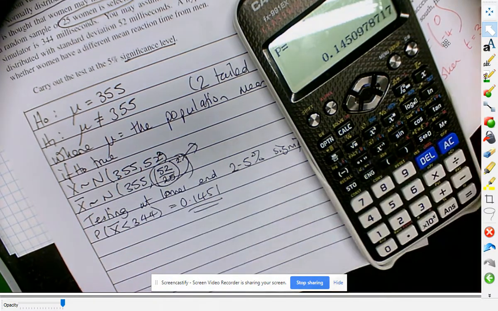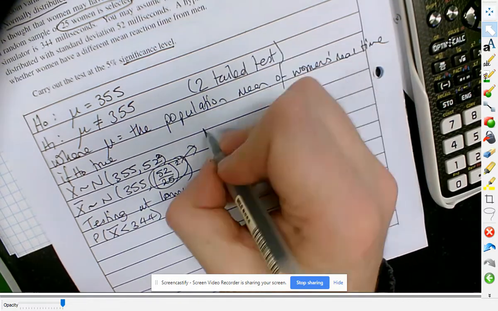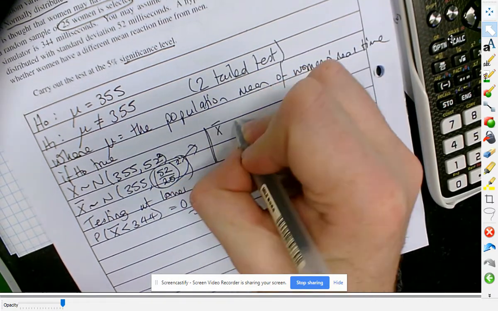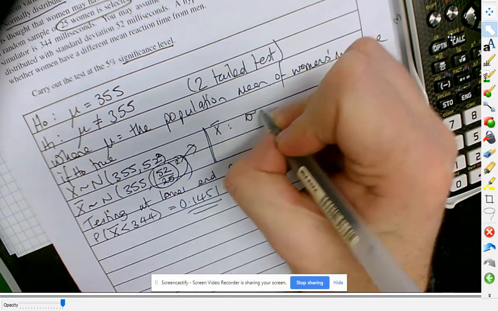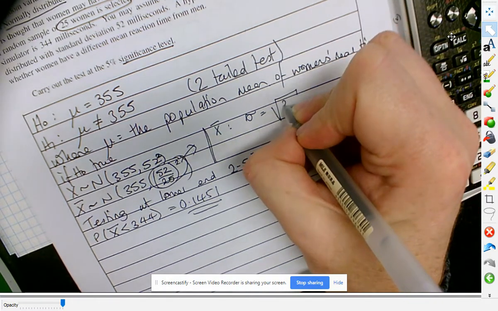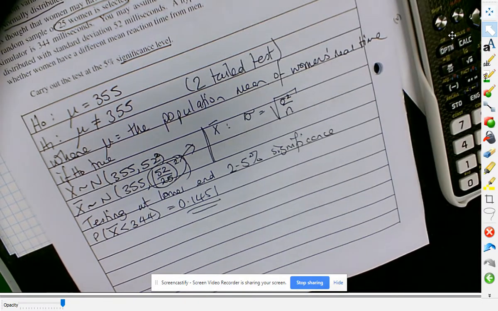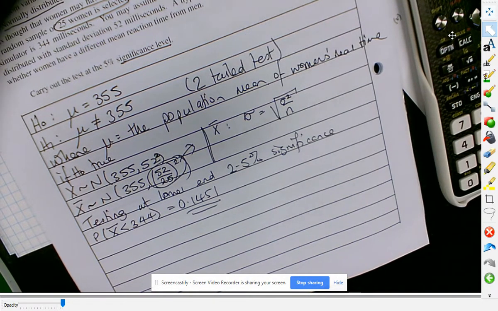Oops. So remember, for X bar, your sigma is equal to the square root of sigma squared over n. Okay, and I've done sigma over n. That's why it all went a bit wonky.